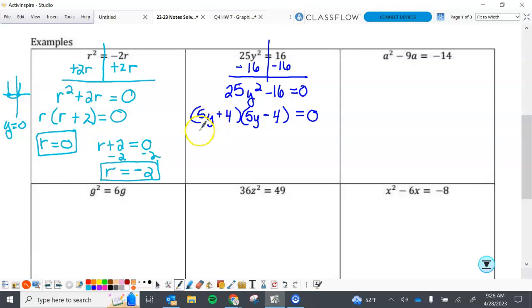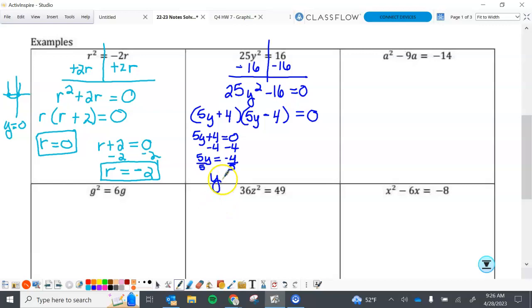So we're going to take 5y plus 4 and set it equal to 0. We'll have to solve this two-step equation, which means we subtract 4 on both sides, and then we'll divide by 5 on both sides.